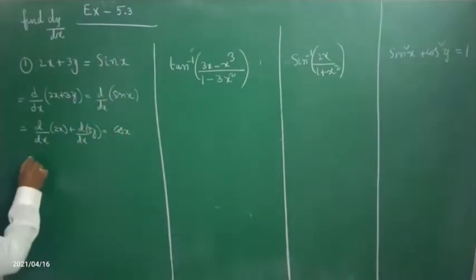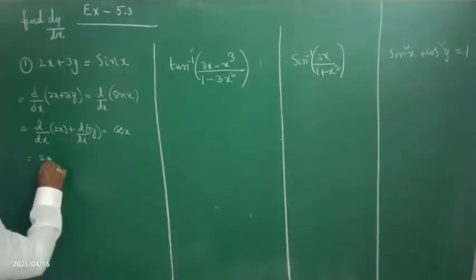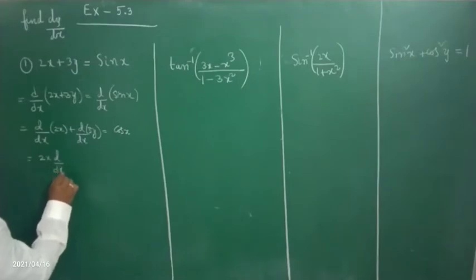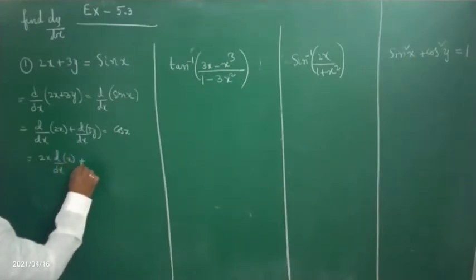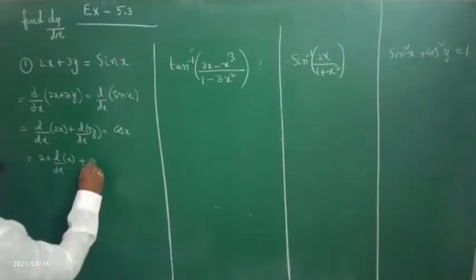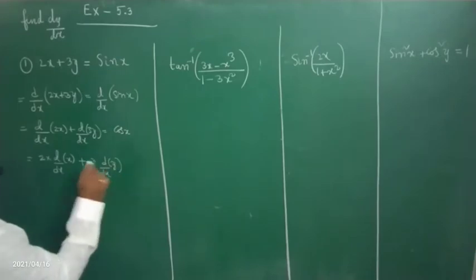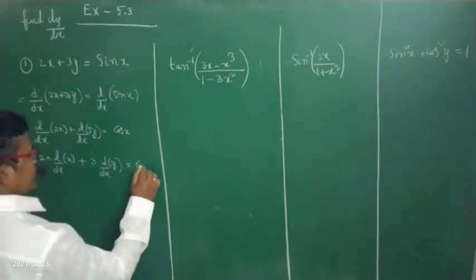Okay. Now d by dx of 2x is 2 into d by dx of x, plus d by dx of 3y is 3 into d by dx of y, equal to cos x.